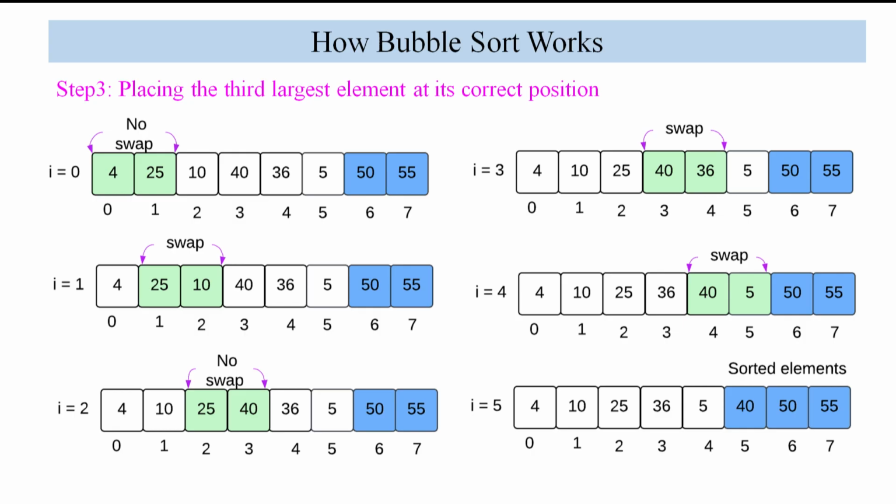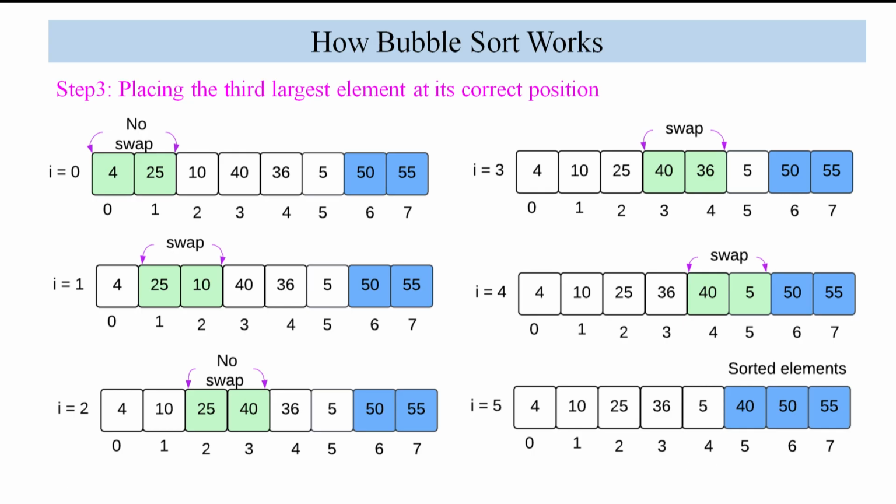Then 25 with 10, swapping will be done because 25 is greater than 10. In the next step, 25 will be compared with 40. Swapping will not be done because 25 is smaller than 40. In this way we continue till the end of this pass, that is up to iteration number 6, and this 40 is placed at its appropriate place.